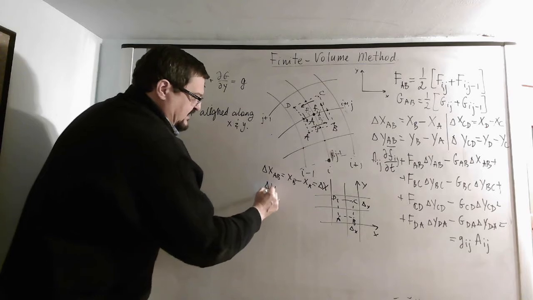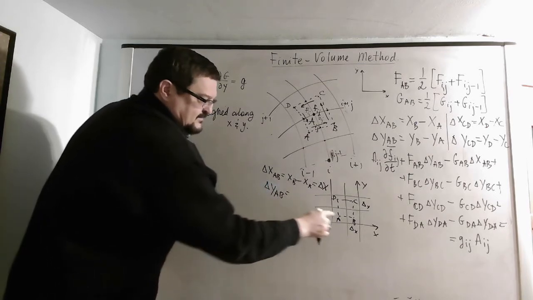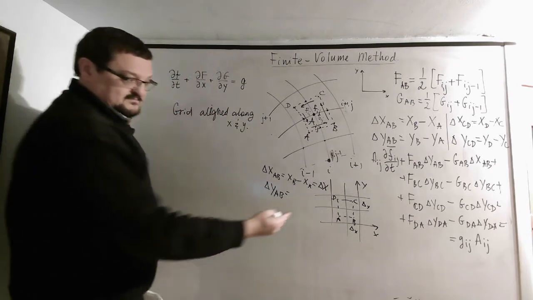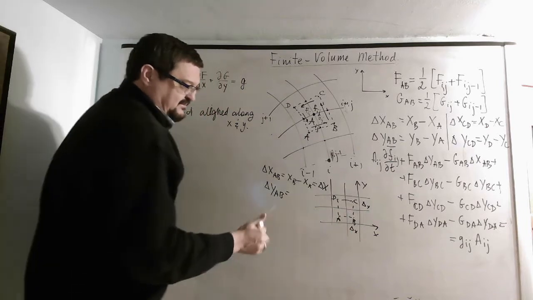And delta YAB, what's delta YAB? y is the same along AB, so it's 0.